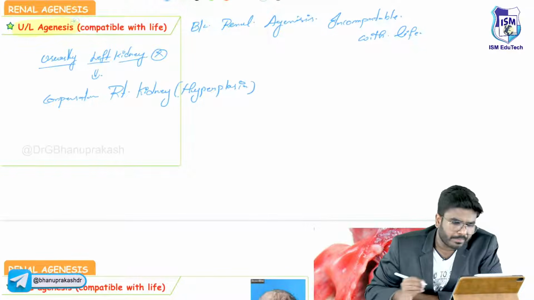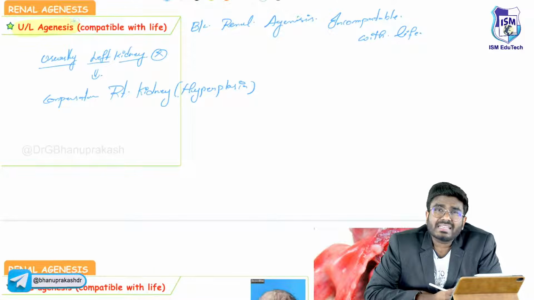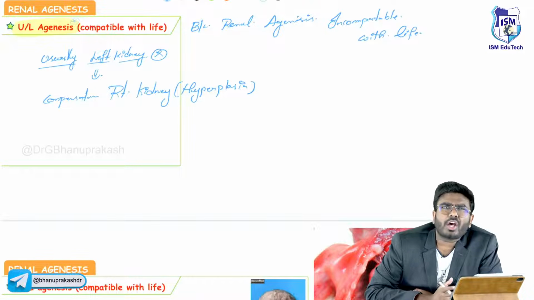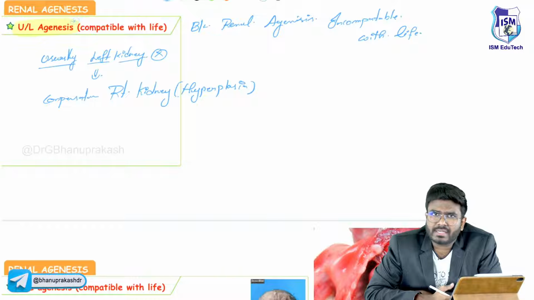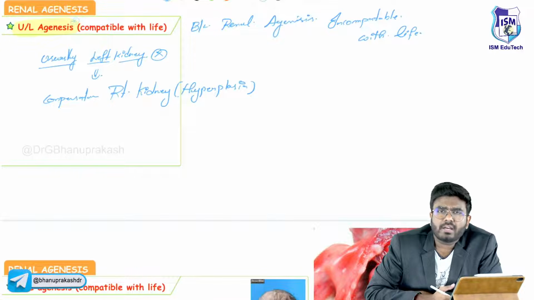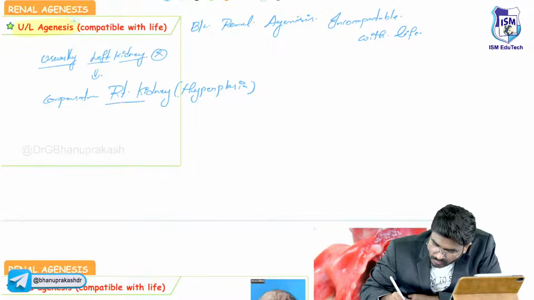If all the work is done by the right kidney, will the right kidney be affected or not? Yes. If all the work is done by the right kidney, that kidney is going to be a little damaged. So under the microscope, there will be glomerulosclerosis.